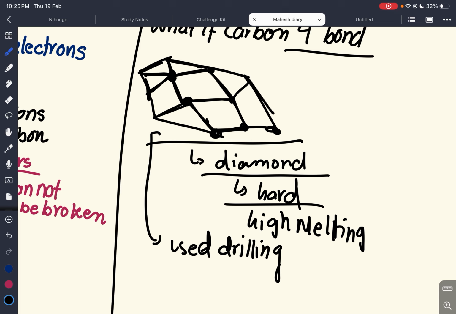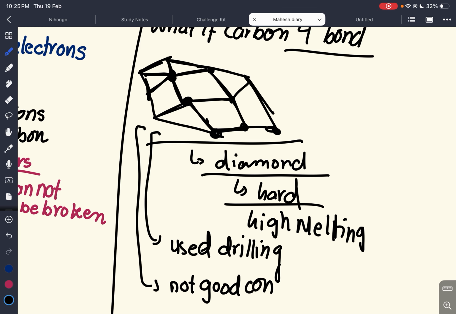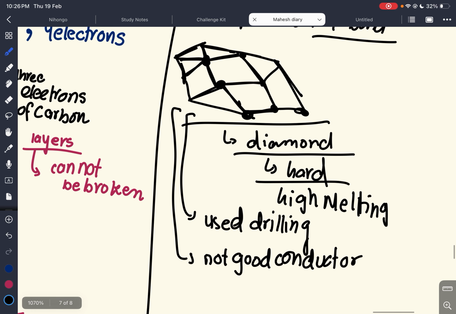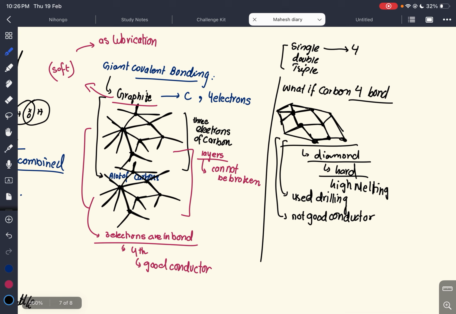Diamond, being something like this, is not a good conductor. Why is it so? It is because diamond does not have a free electron. Everything that has good conductivity has it because it has a free electron. We learned about metallic bonding and ionic bonding.